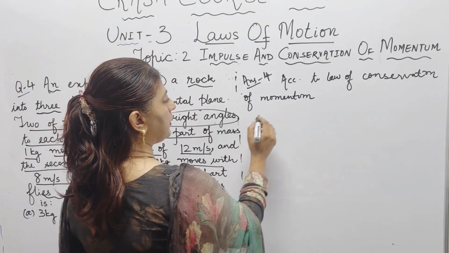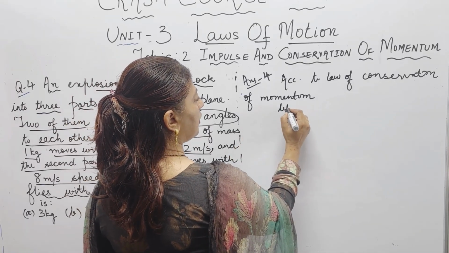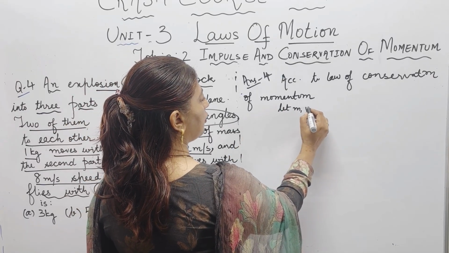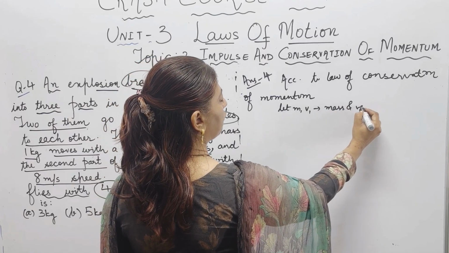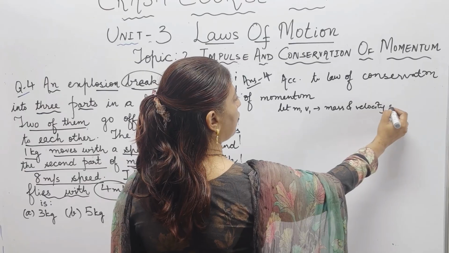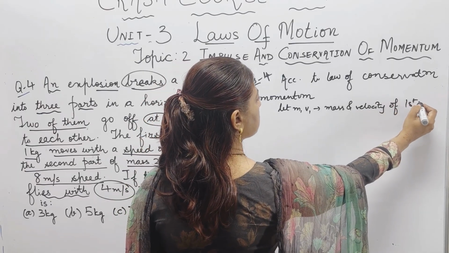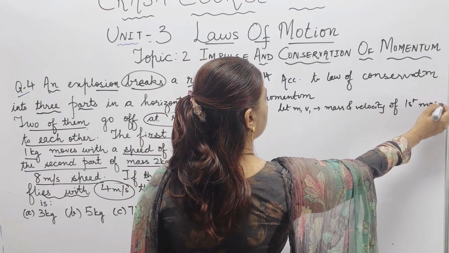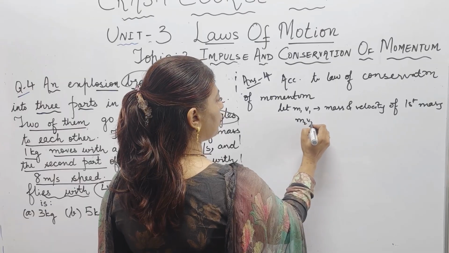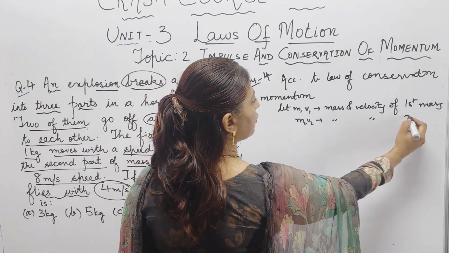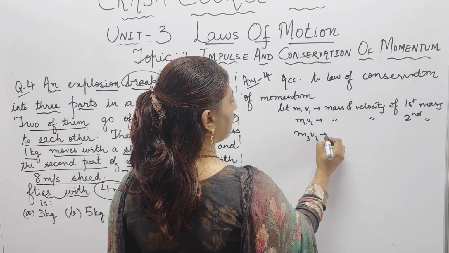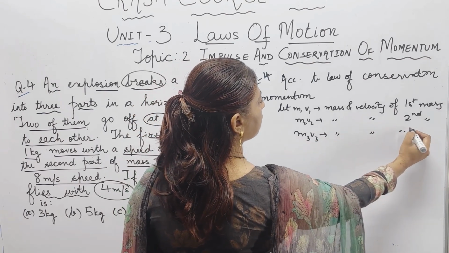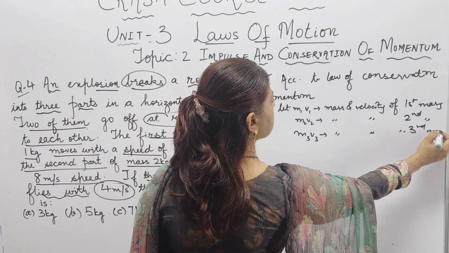we have considered m1, v1 as the mass and velocity of the first mass, m2, v2 as the mass and velocity of the second mass, and m3, v3 as the mass and velocity of the third mass.